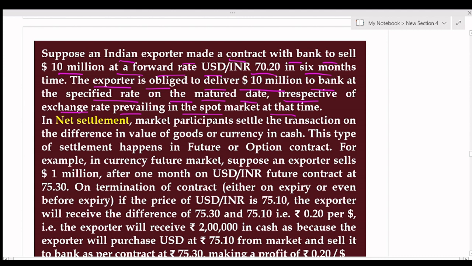In net settlement, market participants settle the transaction on the difference in value of goods or currency in cash. This type of settlement happens in futures or option contracts.